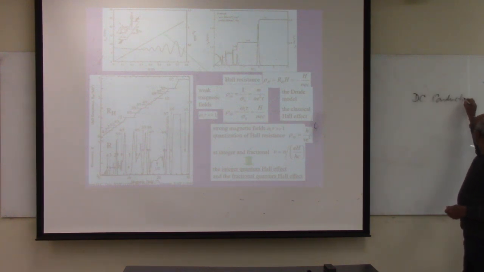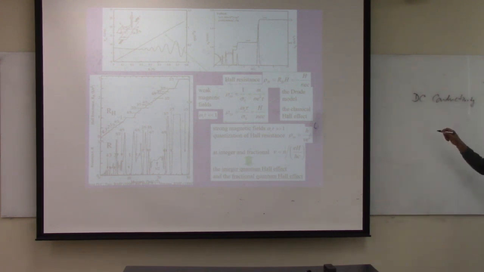That means we are passing current or voltage that is basically not changing with time. Then if you measure the current, it is also basically constant. But this is completely different when you apply your voltage or current as an AC current.